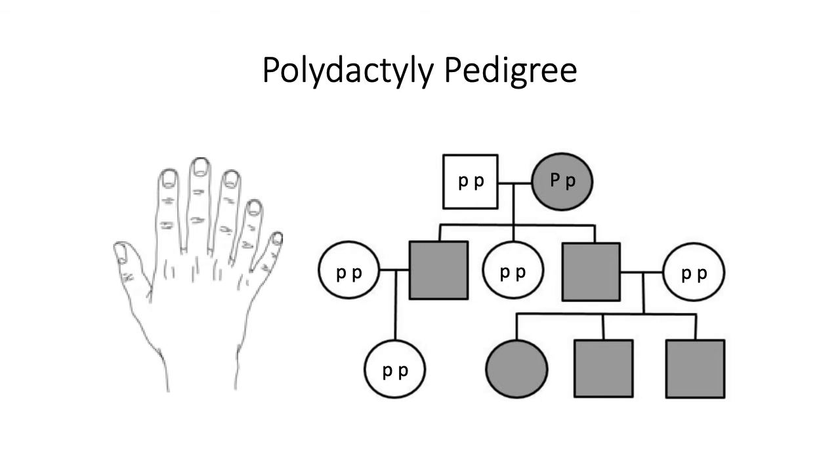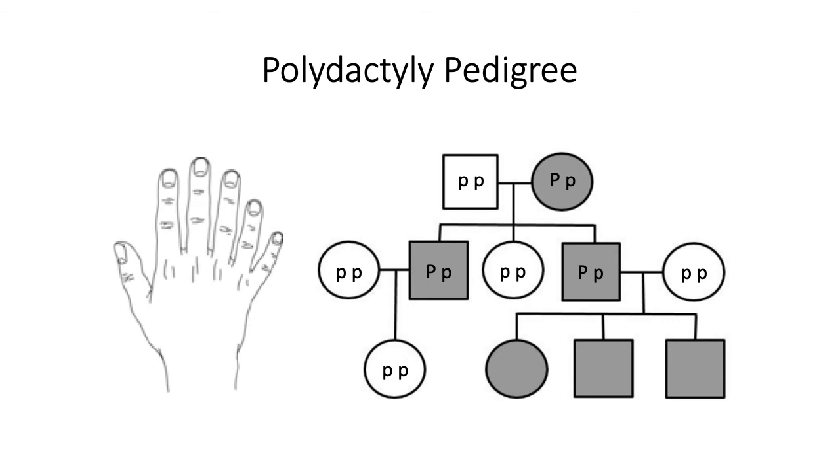Go ahead and pause if you need to and take a second to figure out what the genotypes of those individuals must be. Both of those individuals must have a big P, little p genotype. We know this because the father of these individuals has a little p, little p genotype, so he has to give a little p to each of his offspring.